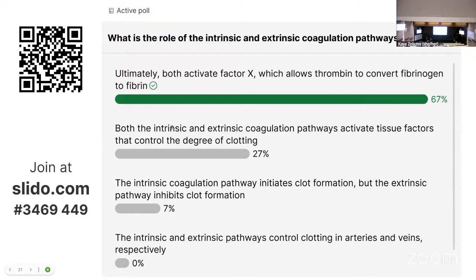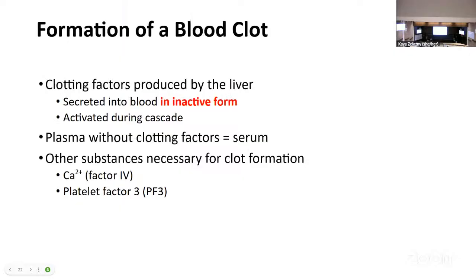The intrinsic one is getting activated because of the contact with collagen. And they're both happening at the same time to actually form the clot rather than inhibit or control the edges of the clot.